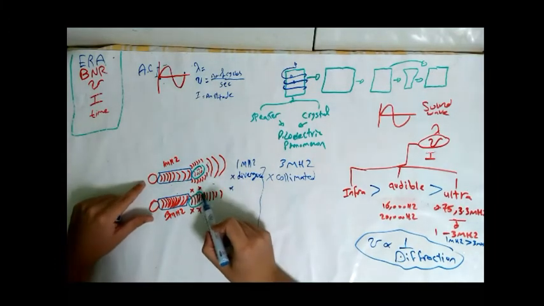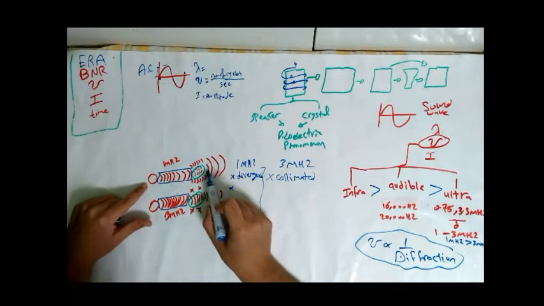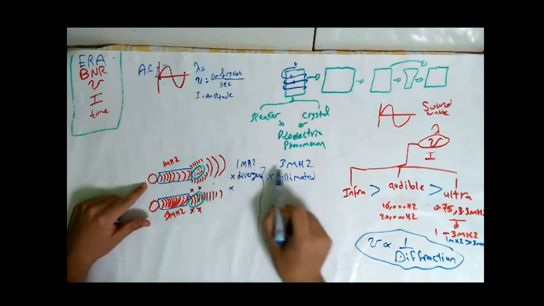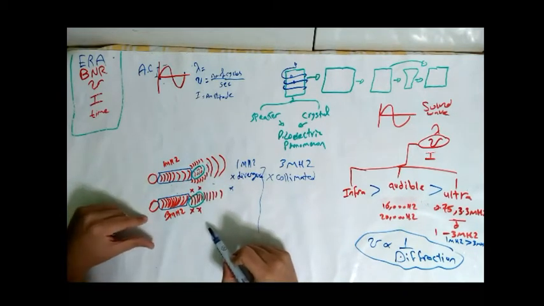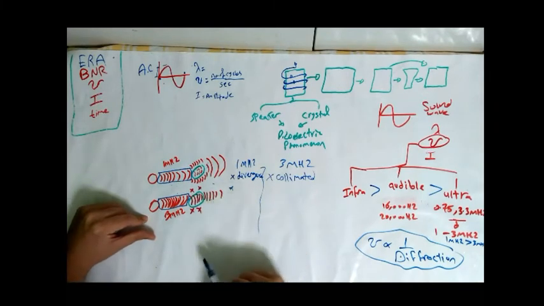Since 1 megahertz doesn't penetrate the obstacles and preserves its energy, with this large amount of energy it can move a further distance. While 3 megahertz, due to losing most of its energy in obstacles, has only a small amount of energy remaining to move further.